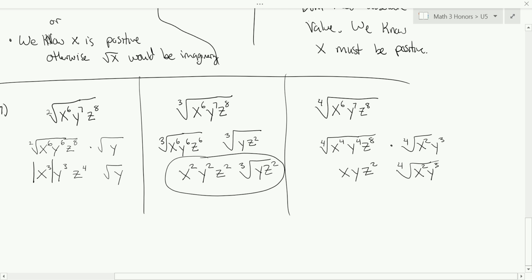And so for each variable, you ask two questions. Does that variable have to be positive? And if it doesn't have to be positive, well, is that variable to whatever power is over here, is that positive? So let's look over here first. So does y have to be positive?